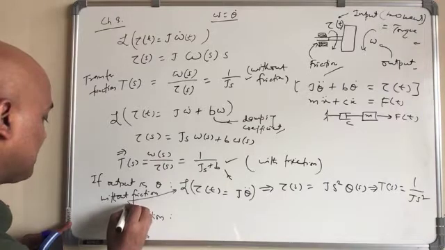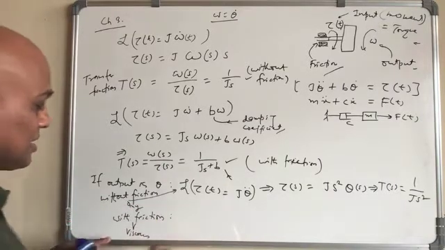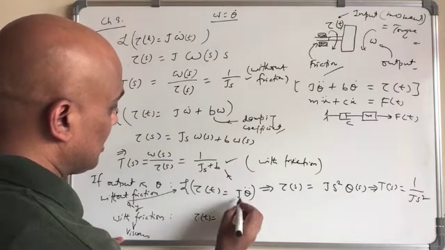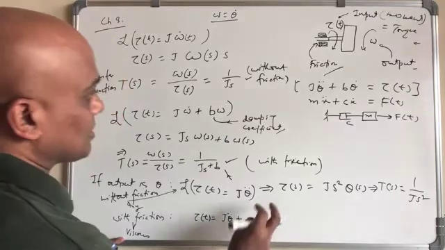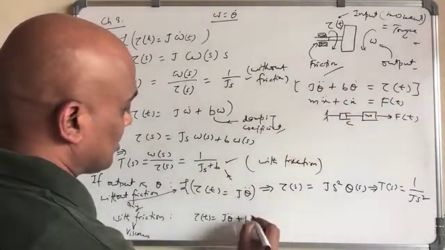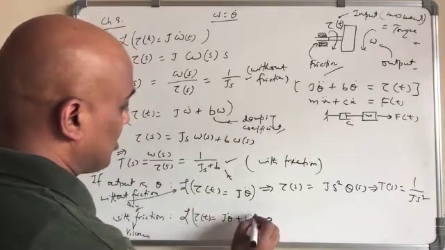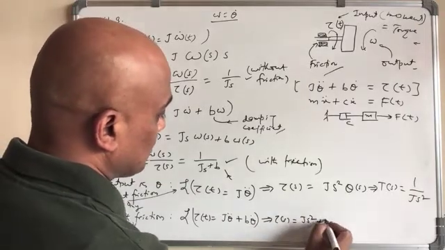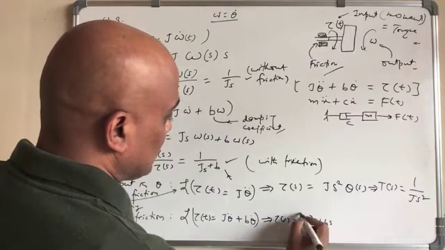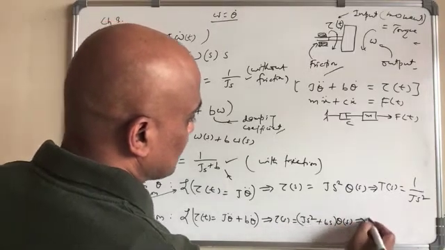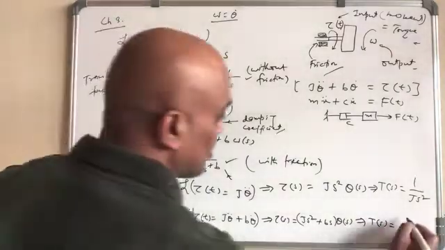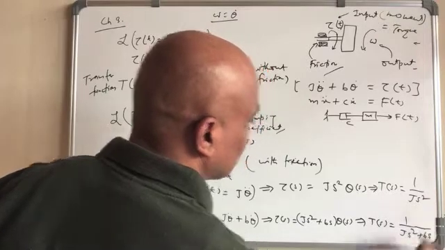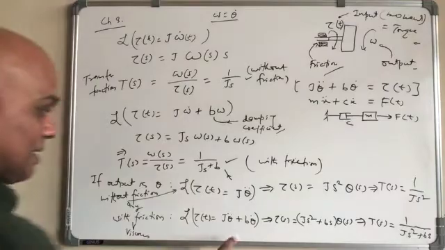So without any friction, and with viscous friction here, the equation will be tau(t) is equal to J theta double dot plus B theta dot, and hence you apply the Laplace transform and we get tau(s) is equal to (J s squared plus B s) multiplied by theta(s), and hence the transfer function becomes 1 over (J s squared plus B s). So this is what you get.